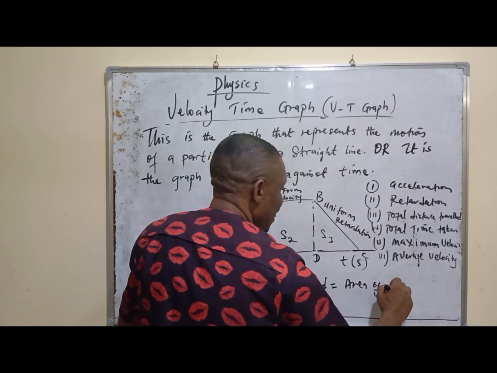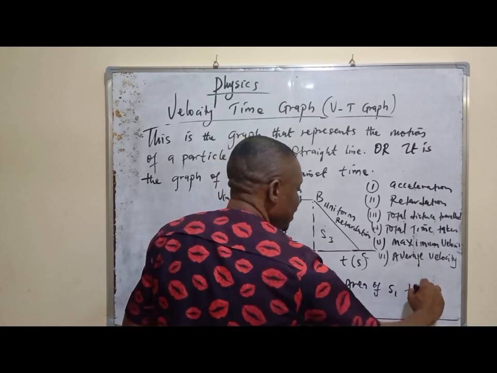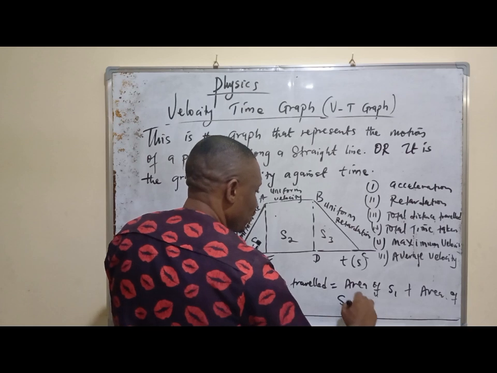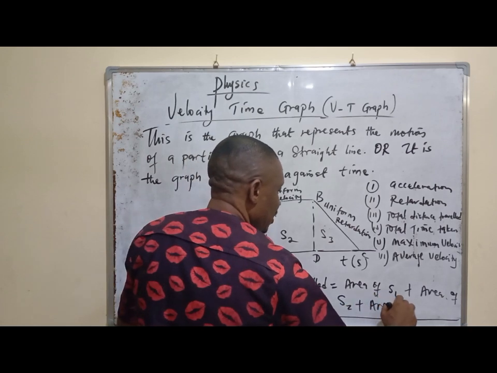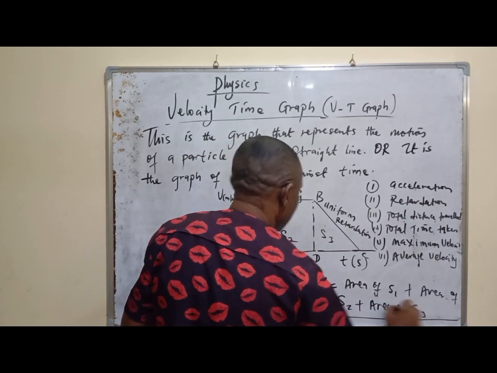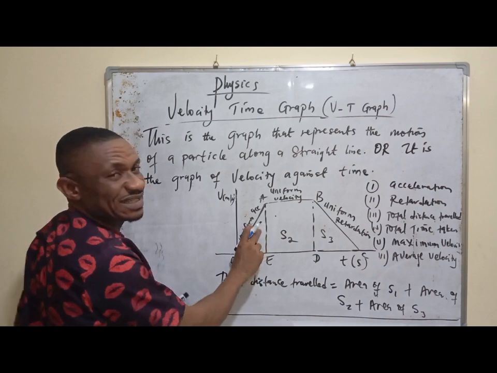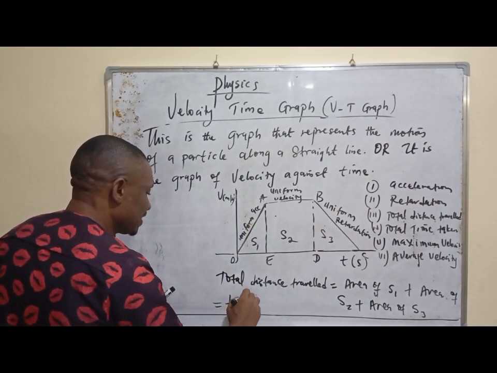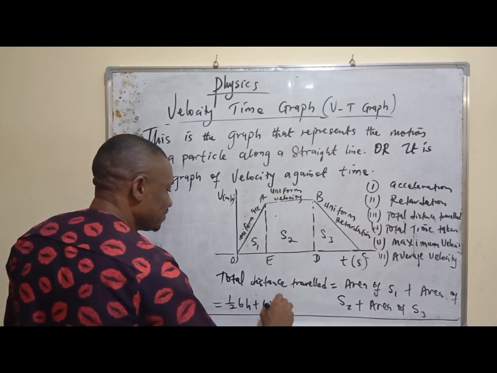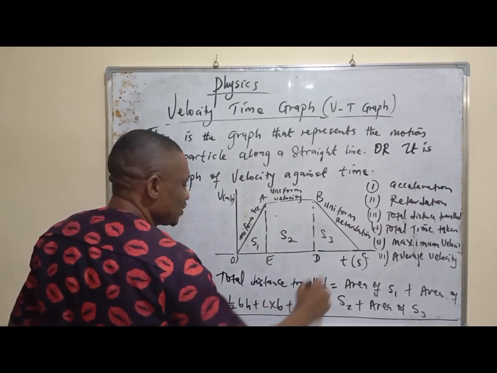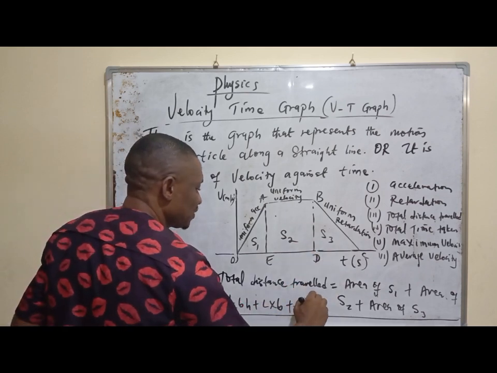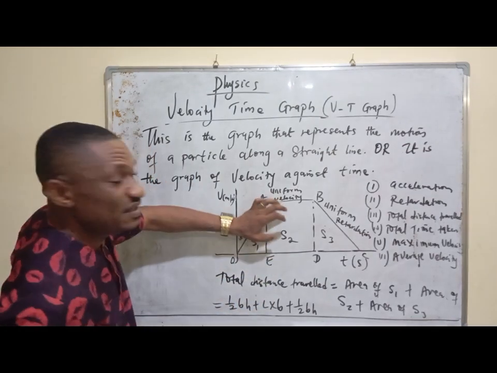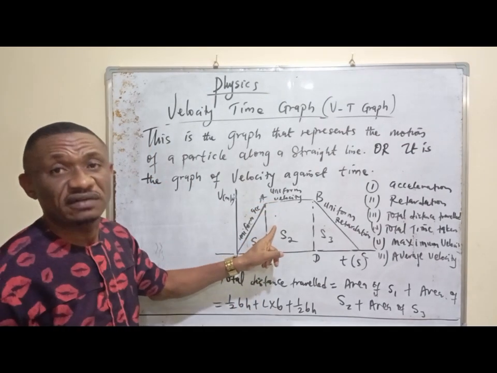It is area of x1 plus area of x2 plus area of x3. This is half base times height, plus length times breadth, plus half base times height. So this is the formula for calculating if this is the nature of the graph.